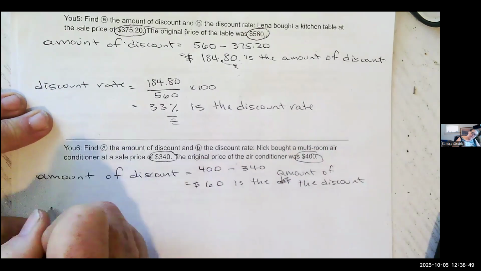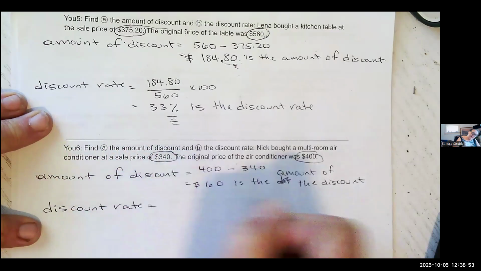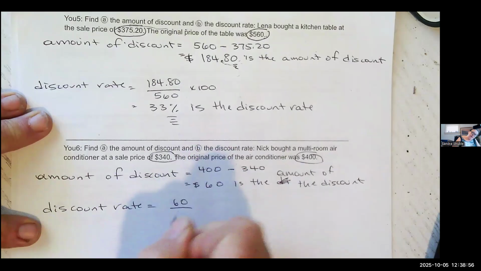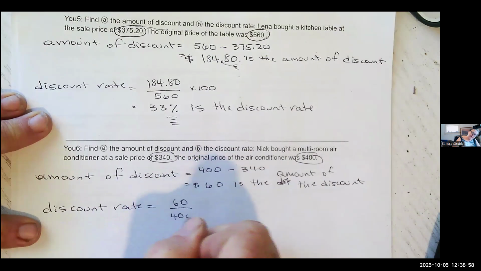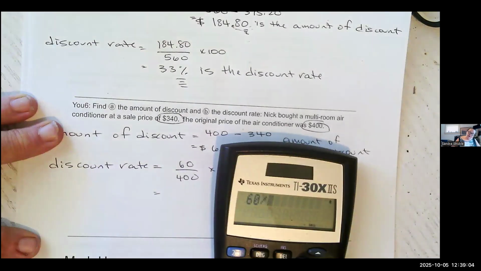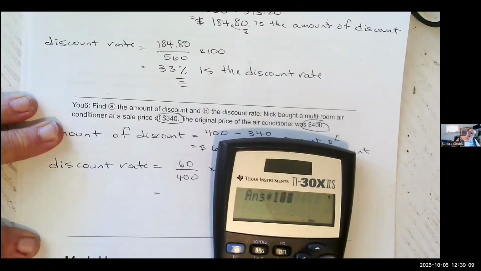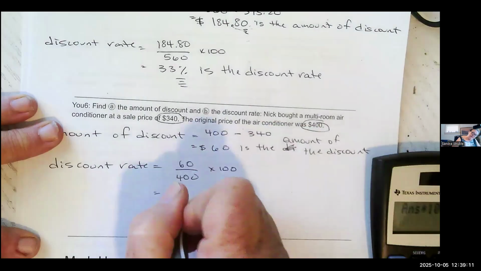So what percent is that? What's the discount rate? That's taking the 60 and divide it by the original price. Don't forget to multiply by 100 to change that to a percent. 60 divided by 400 is 0.15 times 100 is a 15% discount rate.